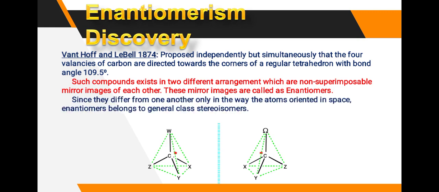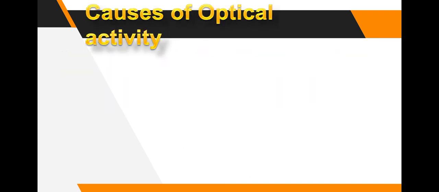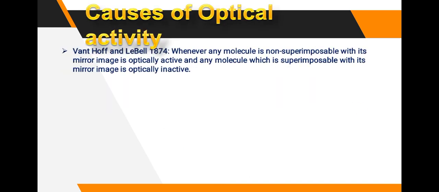Okay, since they differ from one another only in the way the atoms are oriented in space, enantiomers belong to the general class of stereoisomers. Okay, then causes of optical activity. Van't Hoff and Le Bel, 1874. Whenever any molecule is non-superimposable with its mirror image, it is optically active, and a molecule which is superimposable with its mirror image is optically inactive.